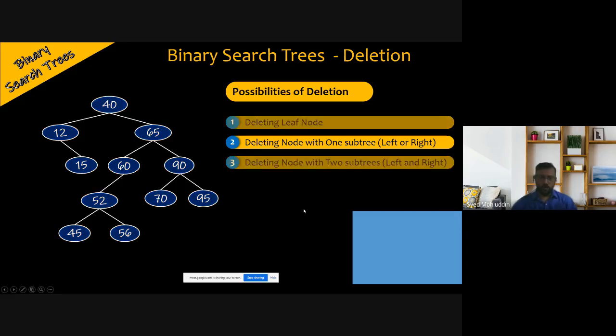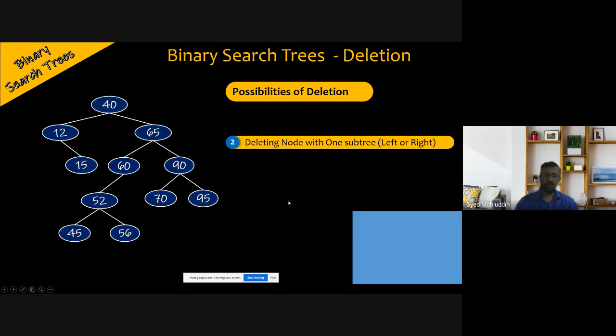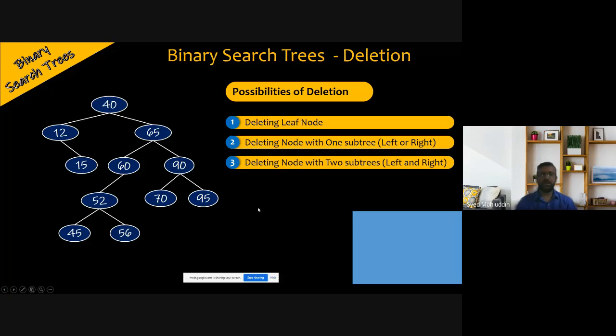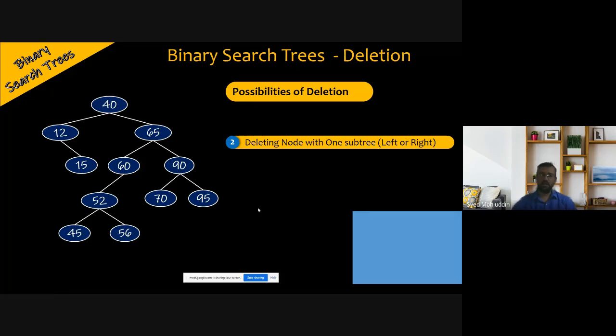Now, as I told you, deleting a leaf node is very easy. Let us look at deleting a node which has one subtree. Let us consider the case of 12. Node 12 has only one subtree, the right subtree with node 15.